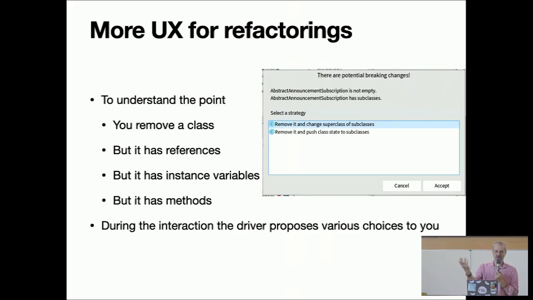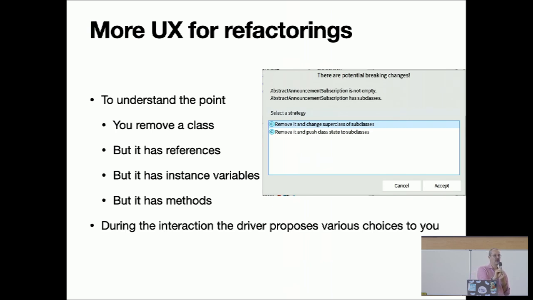So imagine you want to remove a class. The refactoring says you can remove a class if it has no references, if the class is empty, if it has no subclasses, if it has no methods. So you can imagine the number of times it can fail. So what we do in that case is propose to you: oh, you have subclasses.